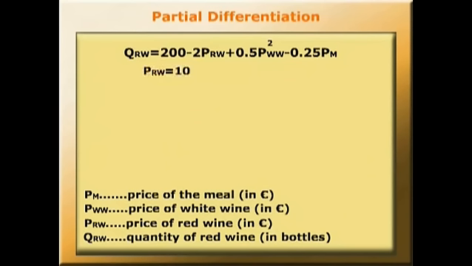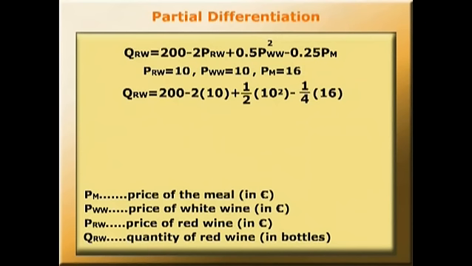Currently, PRW is 10, PWW is 10, PM is 16, then QRW equals 200 minus 2 times 10 plus a half 10 squared minus a quarter times 16, which equals 226. So given the current price of red wine and white wine and the price of the meal, he's selling 226 bottles of house red each week.